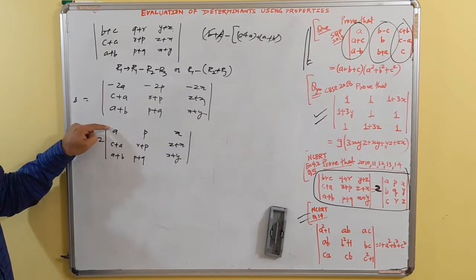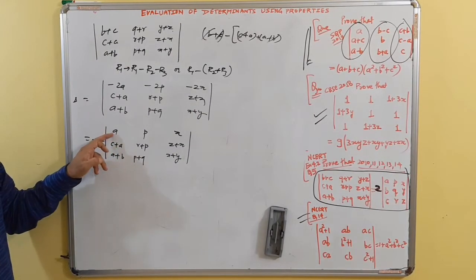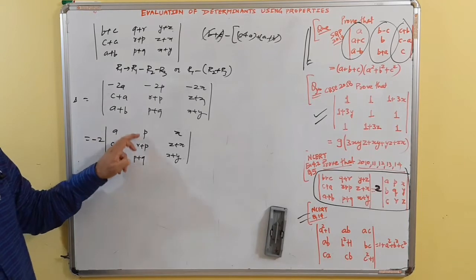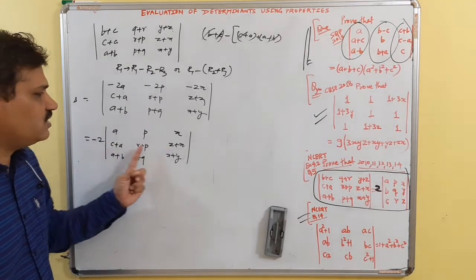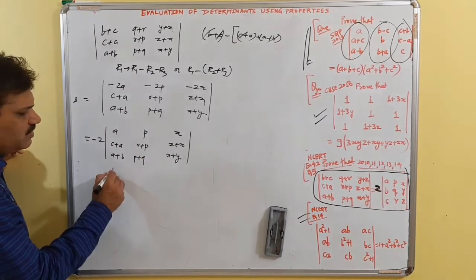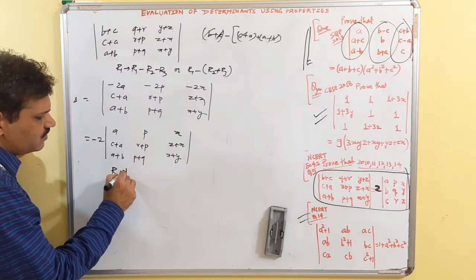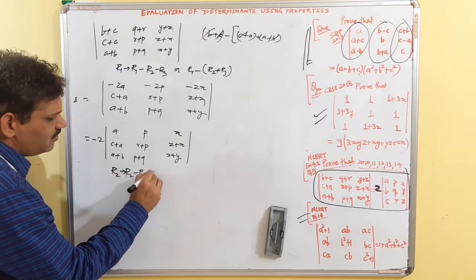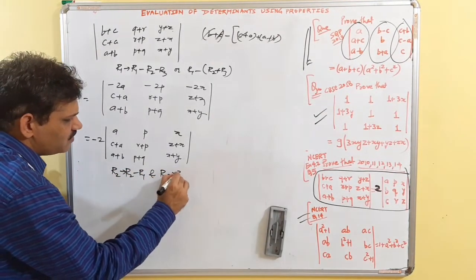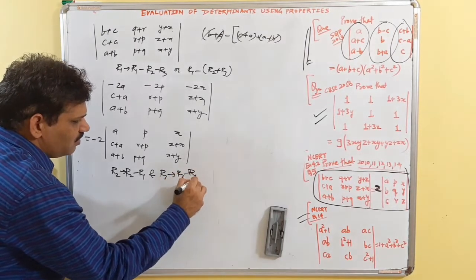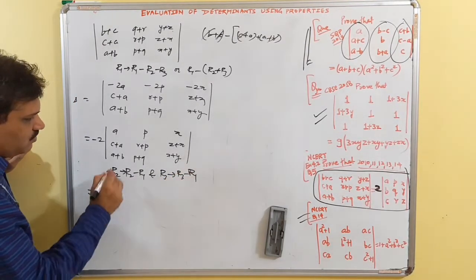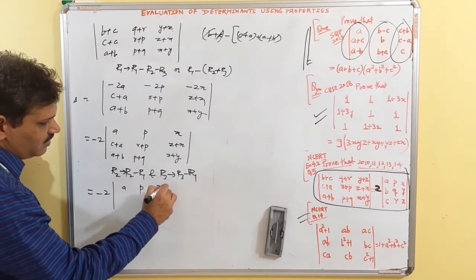If I subtract this from this, A will be cancelled, P will be cancelled, and X will be cancelled. We will get C, R, Z. So R2 now becomes R2 minus R1, and R3 now becomes R3 minus R1. So minus 2, this will give us A, P, X.